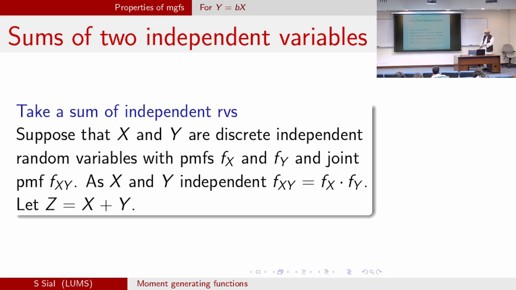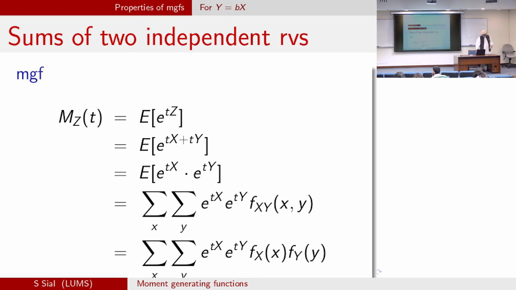So let z be the sum x plus y. Then the MGF for z is the expectation of e to the tz. But tz can be replaced by tx plus ty. Now, because these are independent, this can be replaced as e to the tx times e to the ty. There won't be any problem there.